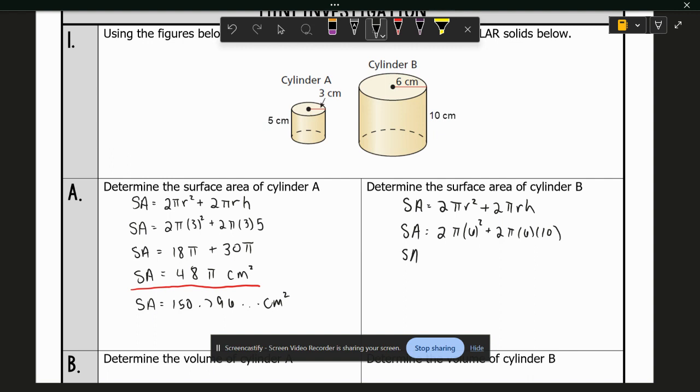So surface area is equal to 36 times 2, so 72 pi, plus 60 times 2, so 120 pi. So surface area is equal to 192 pi centimeters squared.